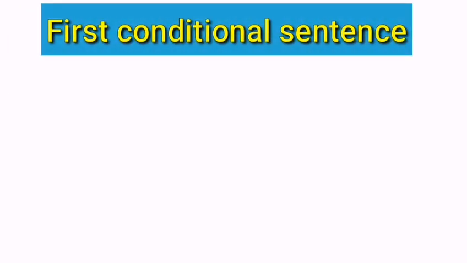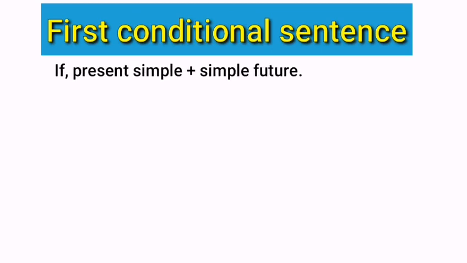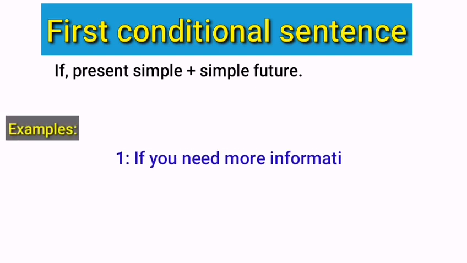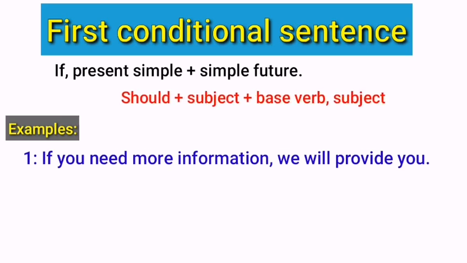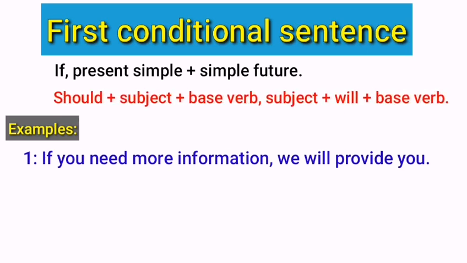The first conditional sentence structure is if, present simple, plus simple future. Just look at these examples. If you need more information, we will provide you. This is a first conditional sentence in normal structure, but if we want to do inversion of this sentence, then follow this structure: should plus subject plus base verb, subject plus will plus base verb.